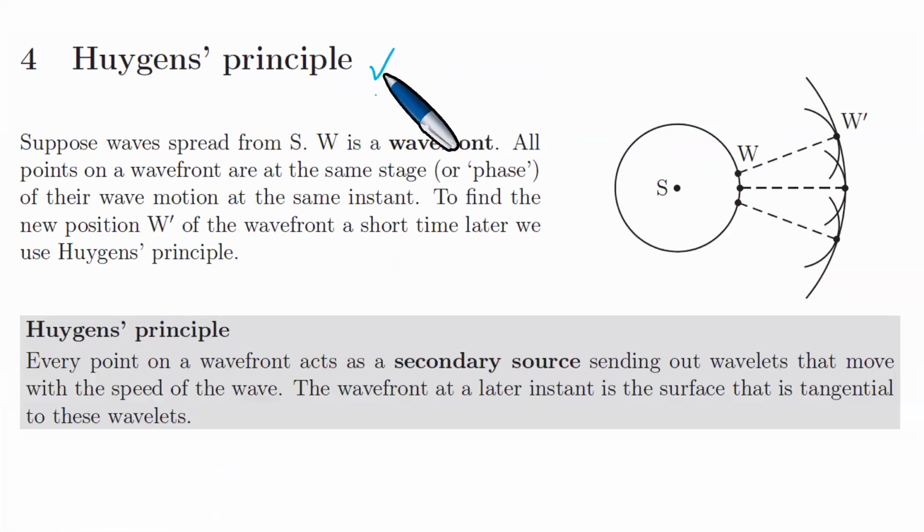Okay, let's look at Huygens principle. Suppose waves spread from S. W is a wave front. All points on a wave front are at the same stage or phase of their wave motion as the wave at the same instant.